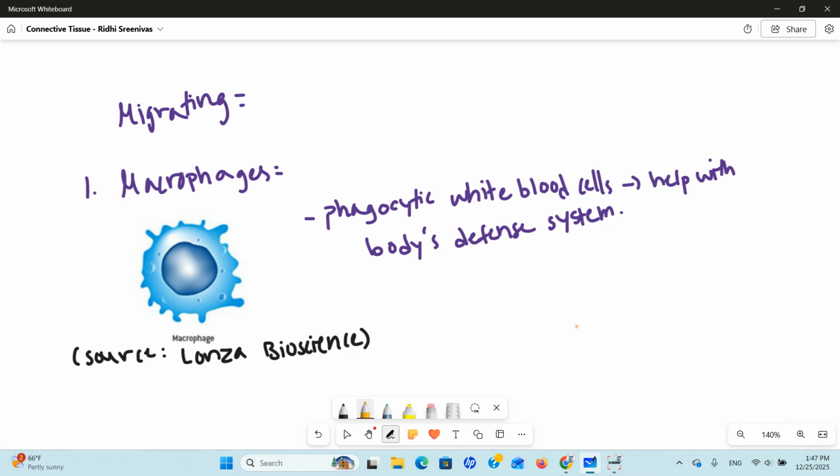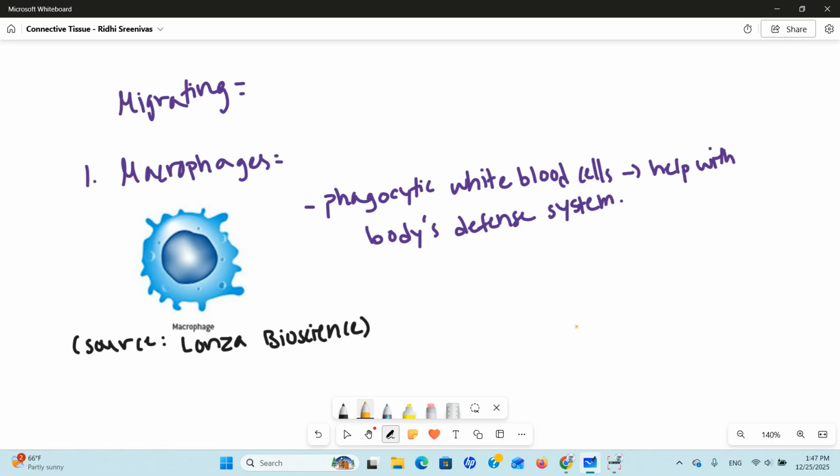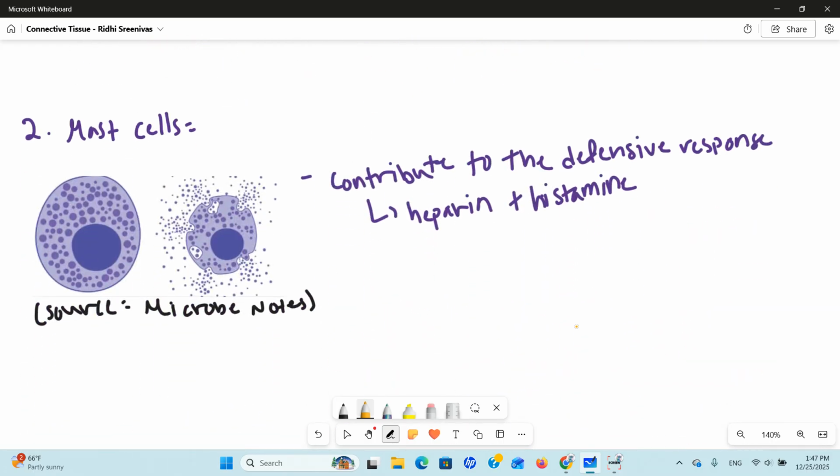But they honestly just help with the defense system, because when pathogens get stuck in the ground substance, they can come and just get rid of those pathogens. Next, we have mast cells, which release heparin and histamine in response to pathogens and allergens to initiate a defensive response in the human body.